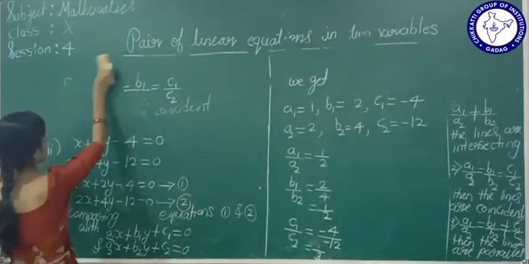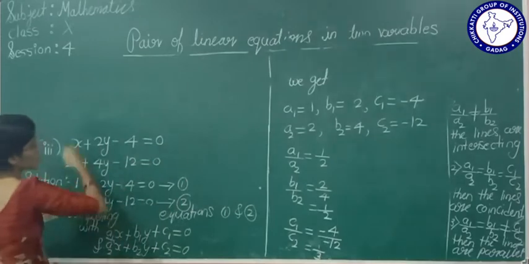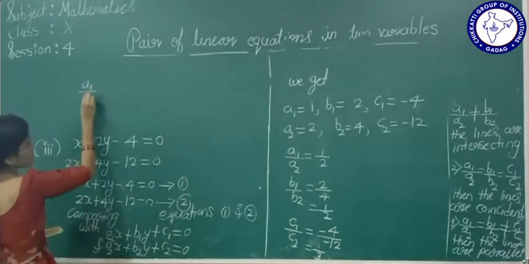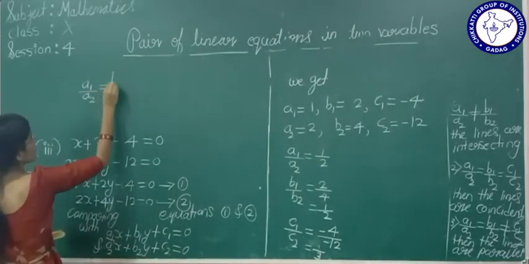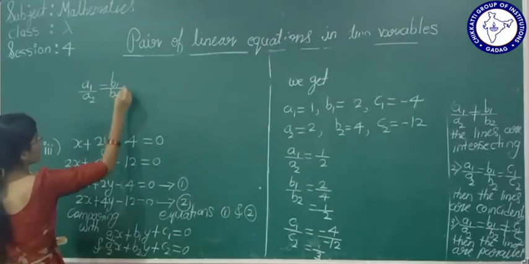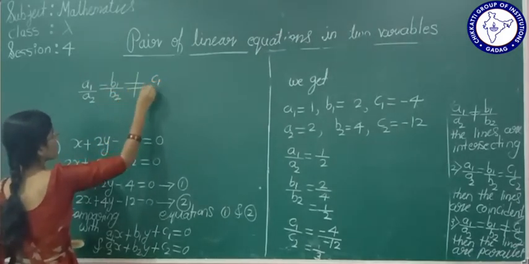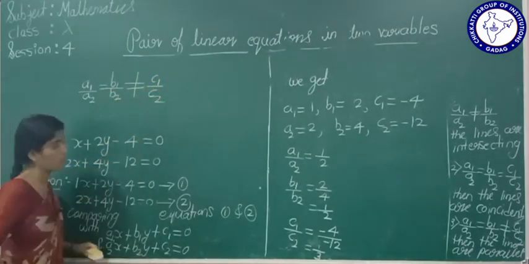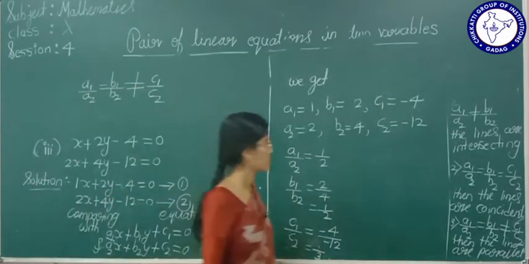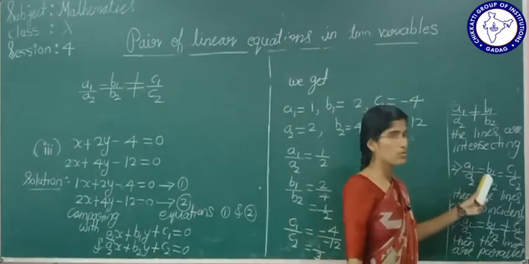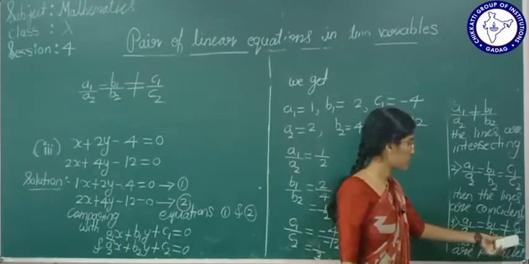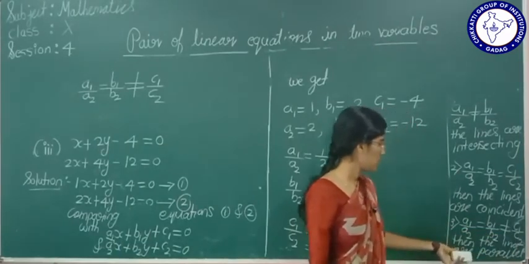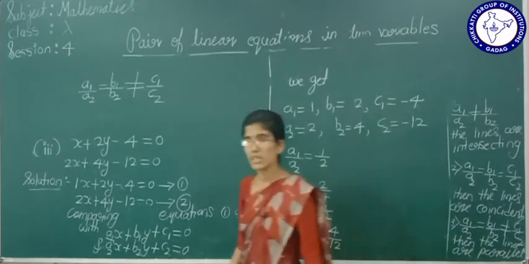What we can tell here? Here a1 by a2 is equal to b1 by b2 is not equal to c1 by c2. What we can tell students here? a1 by a2 is equal to b1 by b2 is not equal to c1 by c2. Therefore, what we can tell?